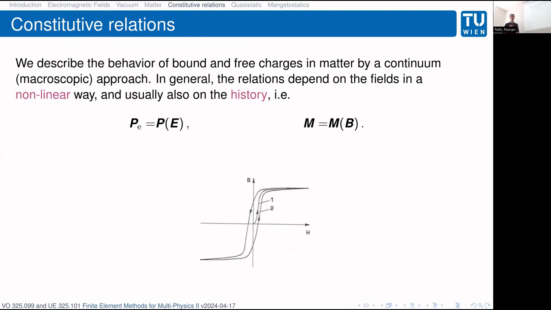They are in general nonlinear and hysteretic, and there's a typical BH curve of a magnetic material depicted here. You have this characteristic saturation that you encounter. The remaining slope is the mu 0 slope, and a similar behavior you encounter for the PE loop for the electric properties.